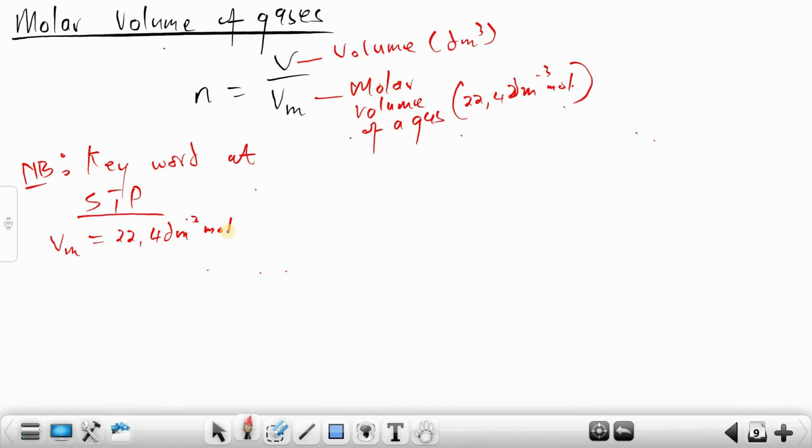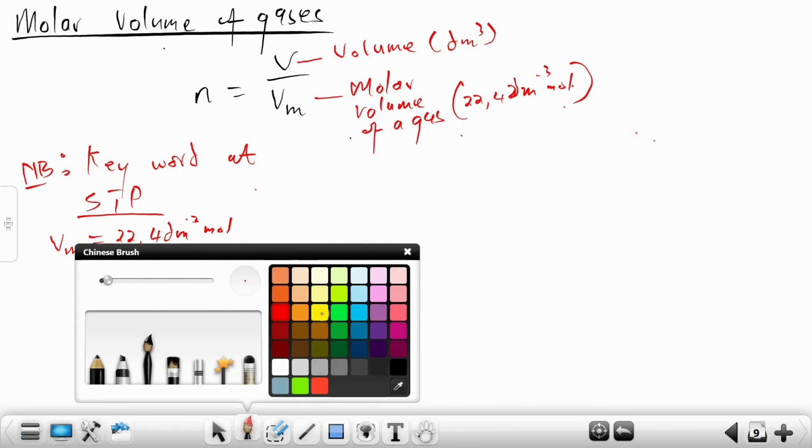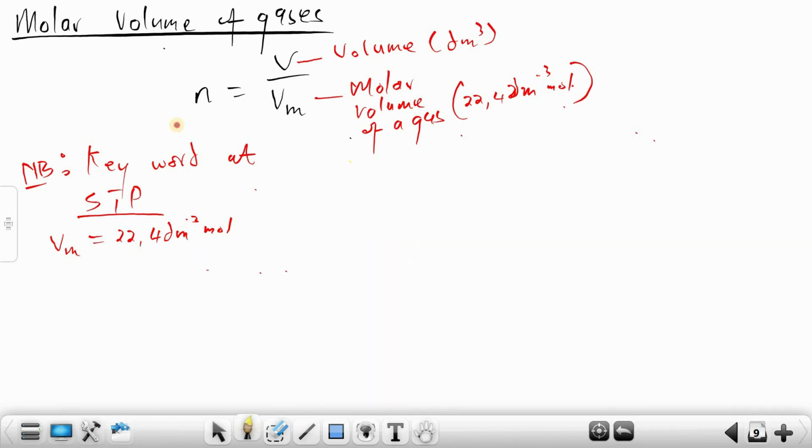The examiner must tell me it is at STP for me to apply this specific equation. If the examiner is not saying at STP, they must give me information on the new molar volume of a gas.